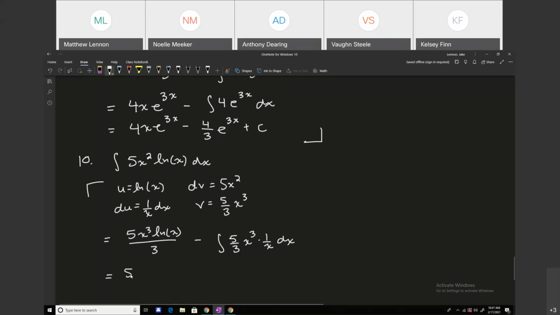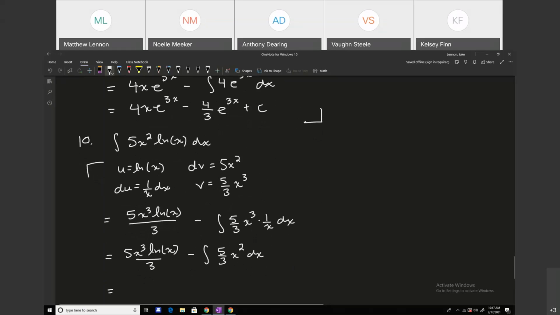So we have 5x cubed natural log of x over 3 minus the integral of 5/3 x squared dx. And then the antiderivative there is going to be x to the third over 3. So we'll have 5x cubed natural log of x over 3 minus 5 over 9 x cubed plus a constant. And that would be it.